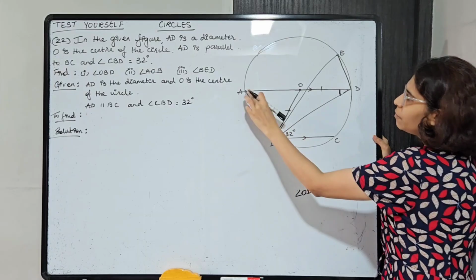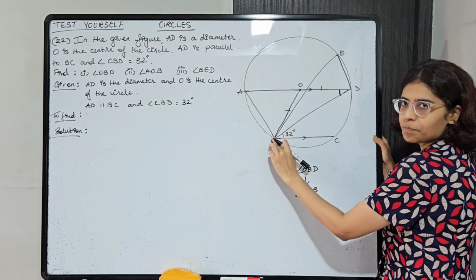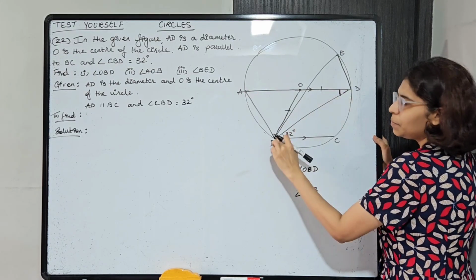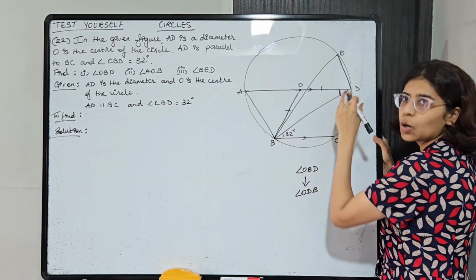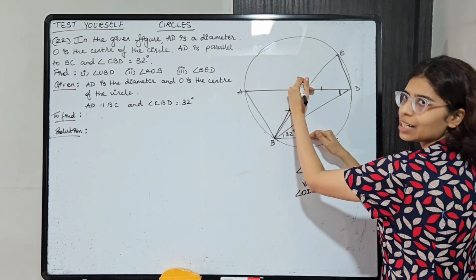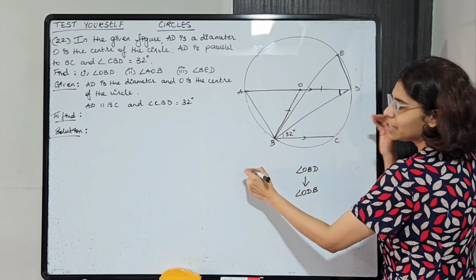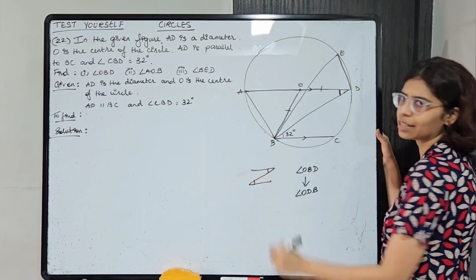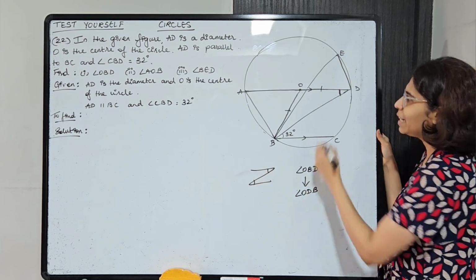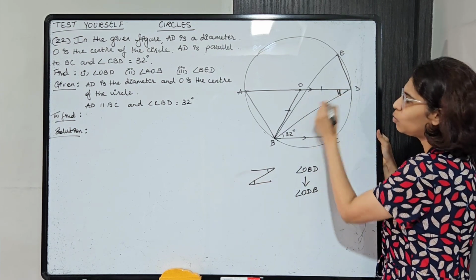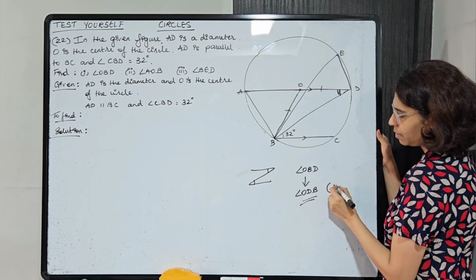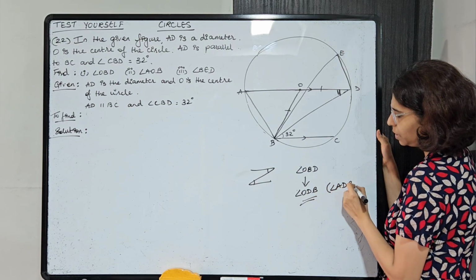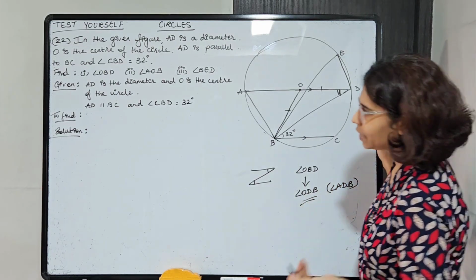So we'll find out ADB. ADB is equal to CBD. Why? Because these two are parallel lines. This is the transversal. A Z form is being formed. Alternate angles. So we'll get angle ADB, that is angle ODB.